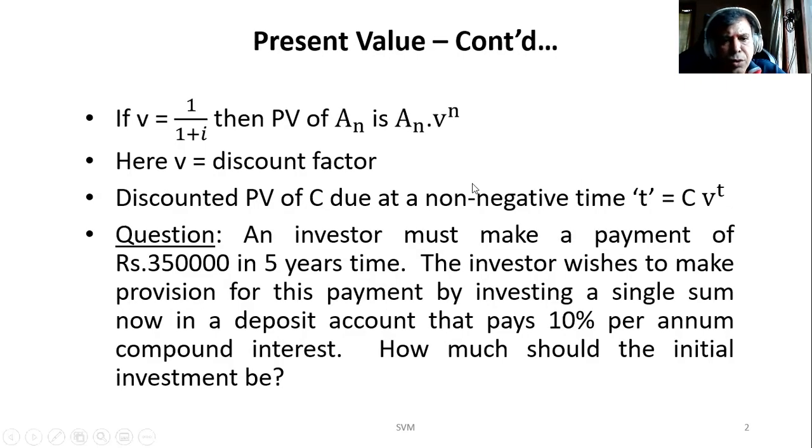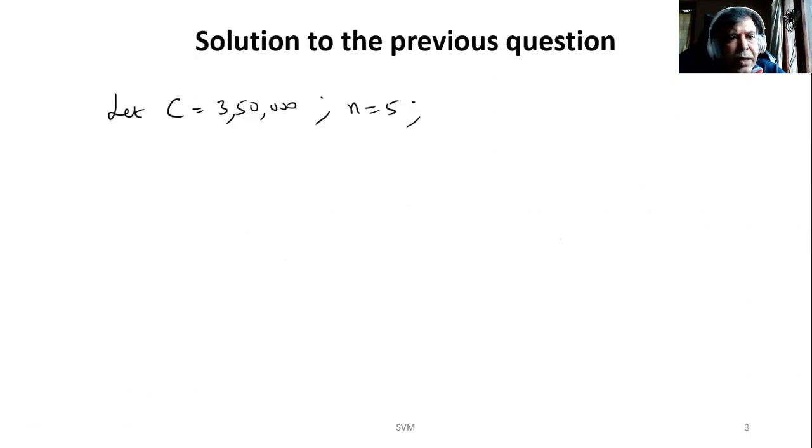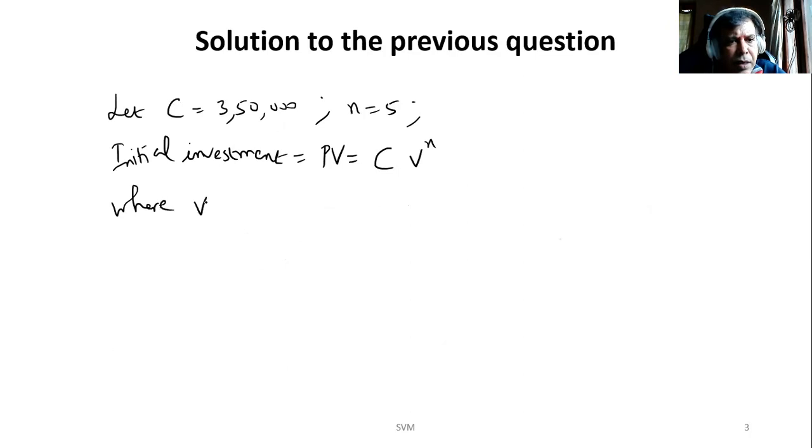The investor wishes to make provision for this payment. I want to find out the present value or initial investment. The initial investment is nothing but the present value. And we know it is C times v to the power of n, where v is 1 divided by 1 plus i, or it is nothing but the discount factor.